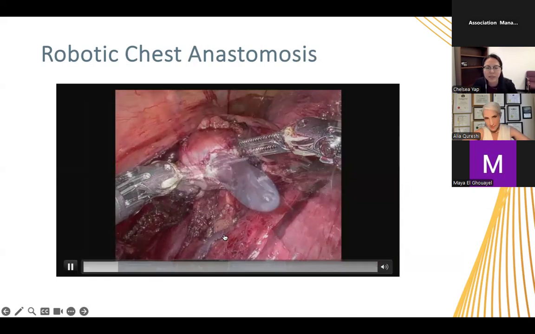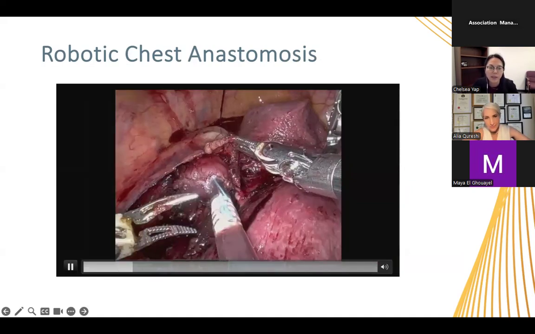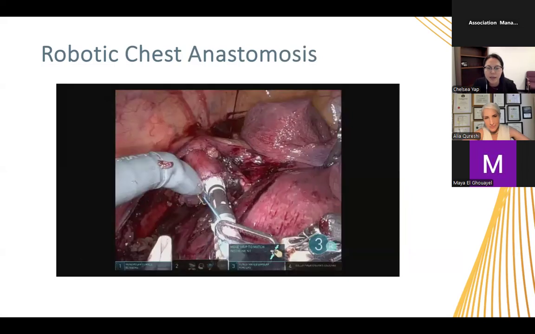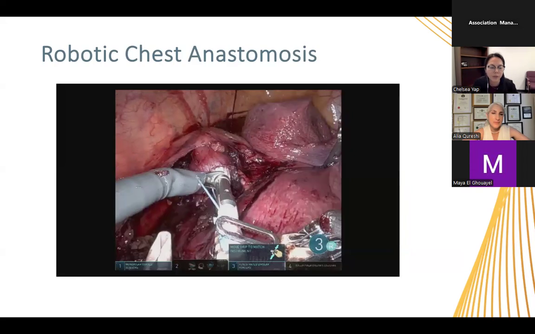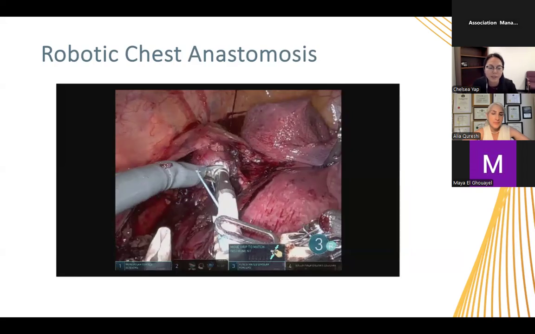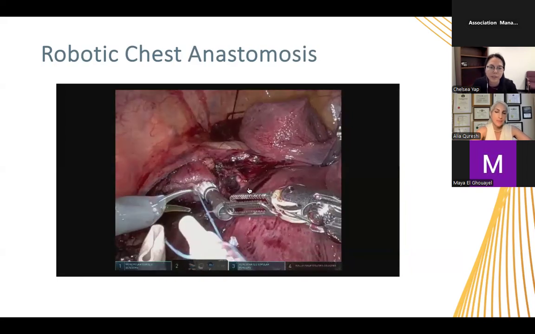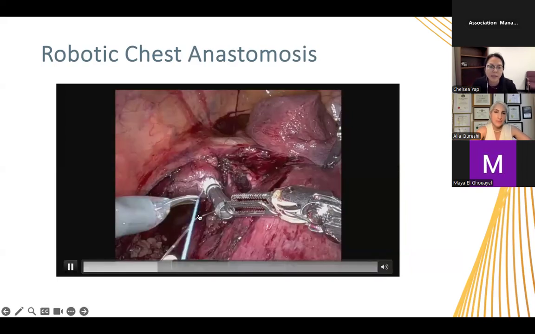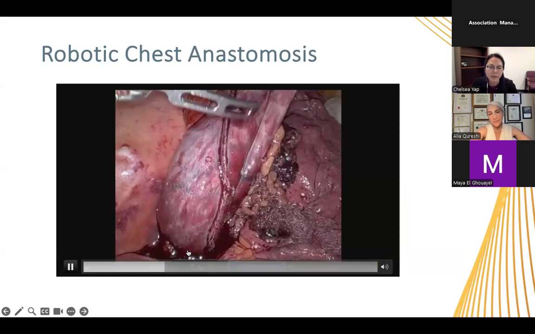Once this is fully exteriorized, we then move the camera to arm 3, and through where arm 2 was, we extend a posterior lateral thoracotomy incision about 4 centimeters and place a wound protector there. So you can see we passed our anvil here, deliver the specimen into the chest.